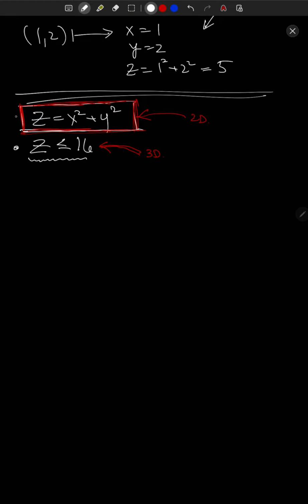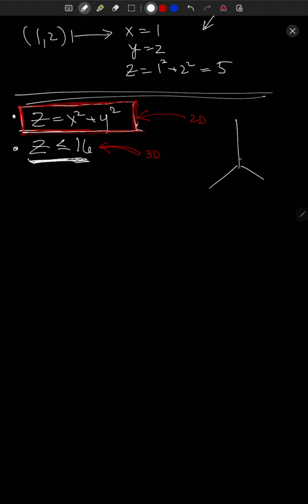Be very careful about that. When you see both of these expressions, it's easy to get confused. What is the object you're trying to work with? Here we're trying to work with the paraboloid, and this thing over here just gives me a description of which parts of the paraboloid I'm specifically interested in.